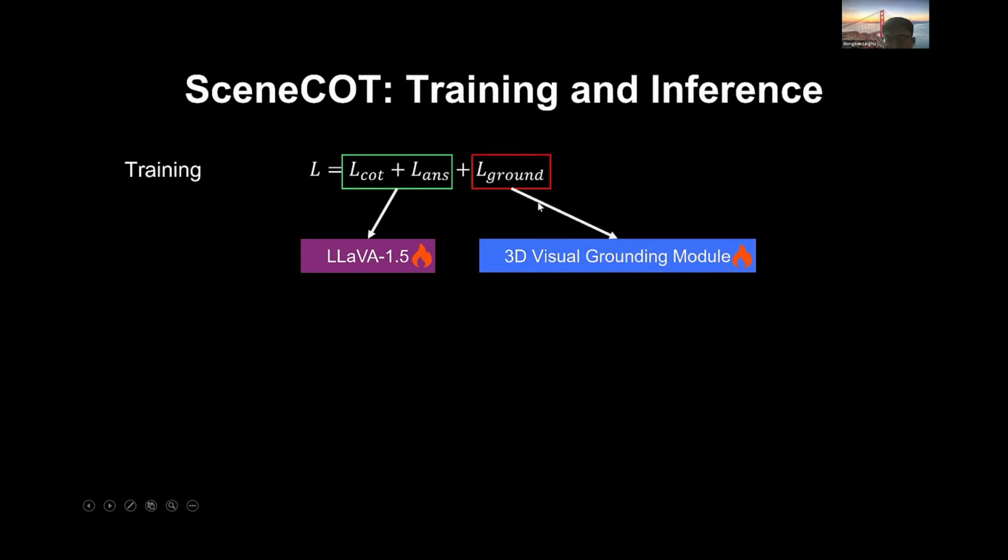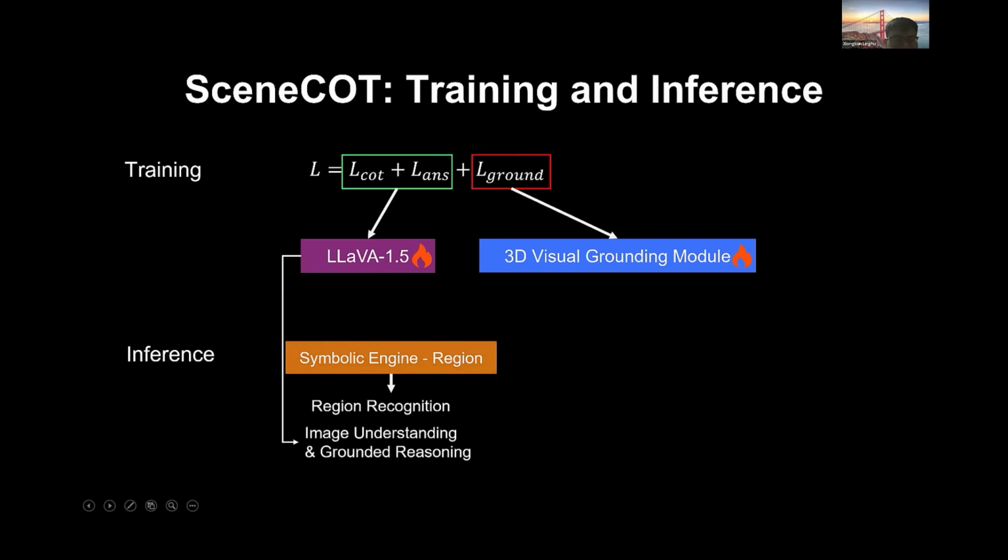Visual grounding is the loss to optimize the object probability prediction. And the first two losses are used to optimize our base MLLM, LLaVA 1.5. And the grounding loss will only optimize our 3D visual grounding model.